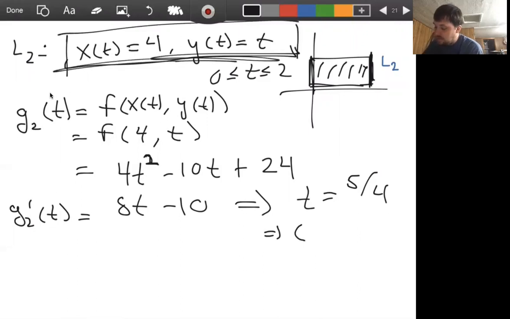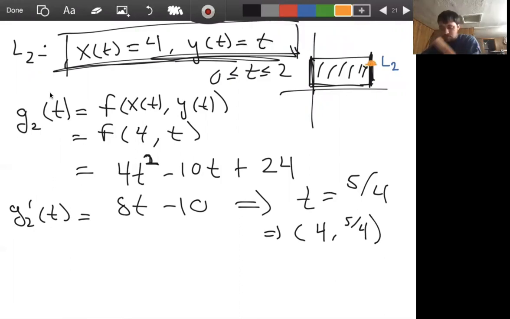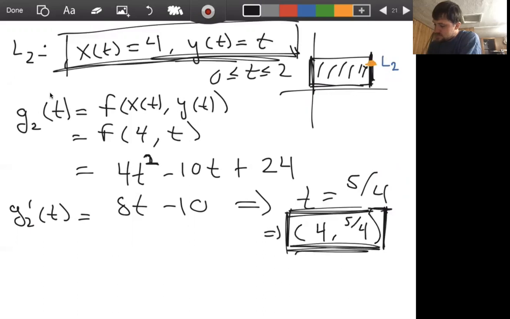This is a possible extrema at the point (4, 5/4). So somewhere in here, (4, 5/4), there's a possible critical point. Let's box this one. All right, and so we've got to keep going here.